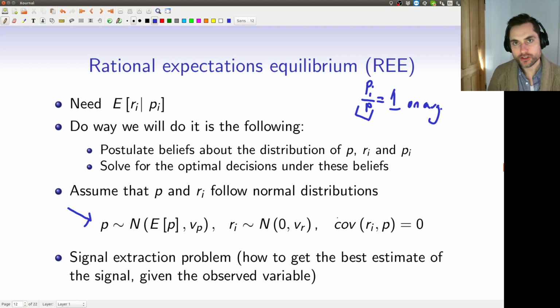So these shocks are independent of the price level. Ultimately, they could be caused by these demand shocks, right? So anyway, that's it. We're going to make these assumptions about the distributions, and then we can figure out how the firm is going to guess the relative price level conditional on only observing its own price.